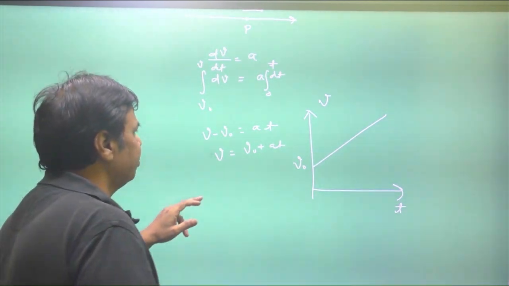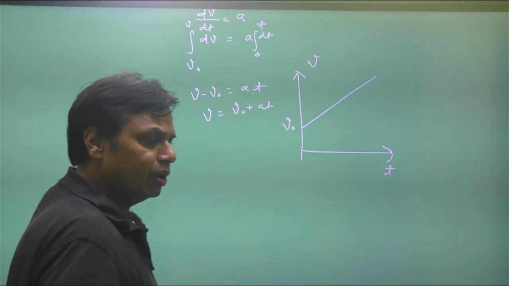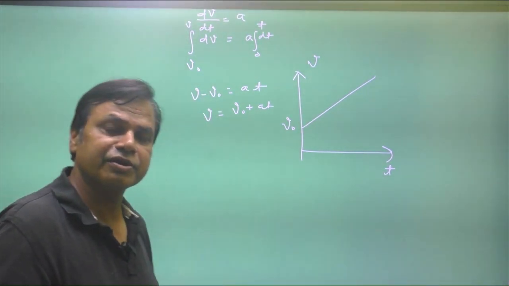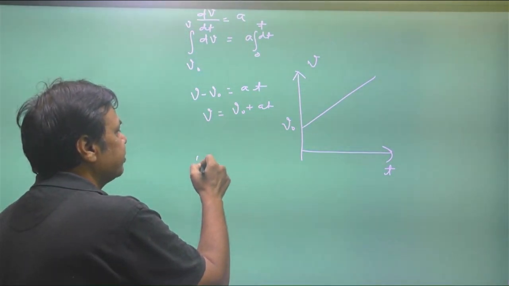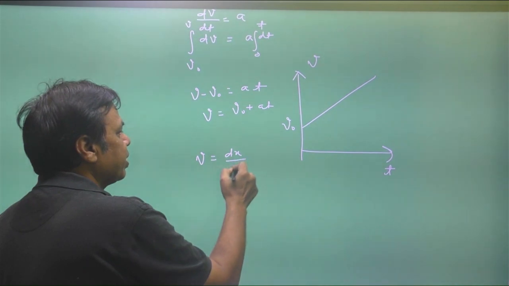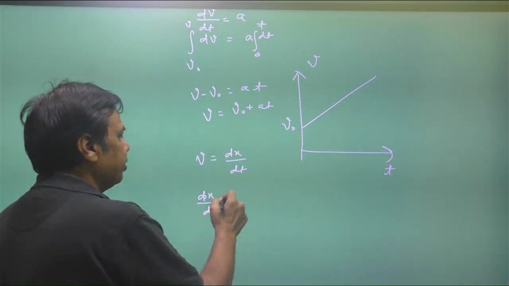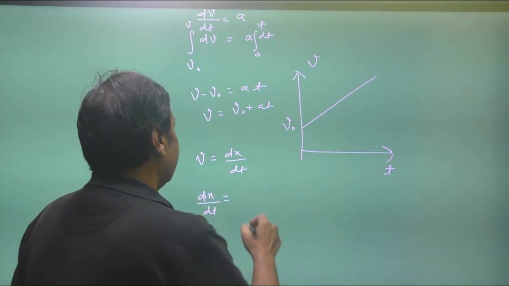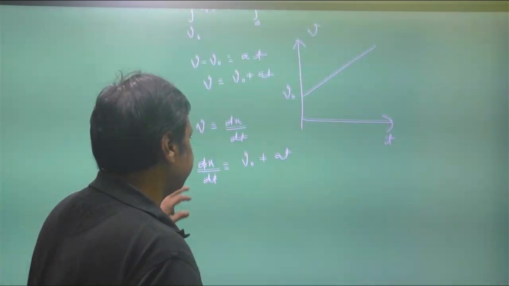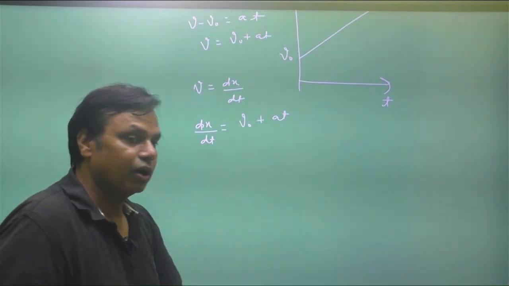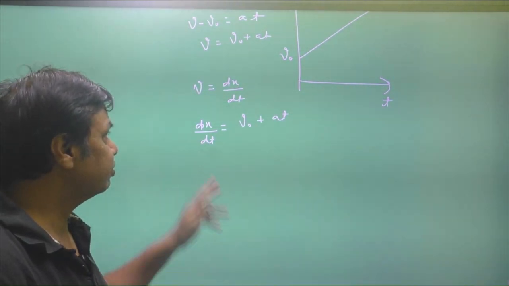You can also do something else: since the motion takes place along the x-axis, v can be easily written as dx upon dt. If you write dx upon dt in place of v and write the other things as they are, then this is also variables separable.